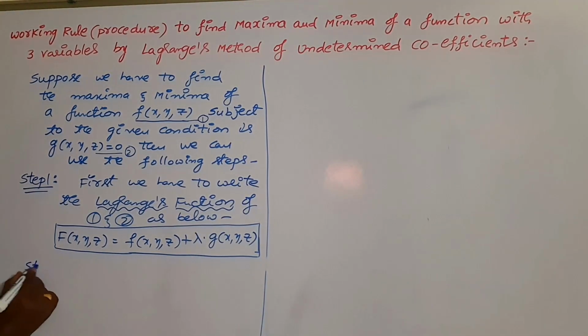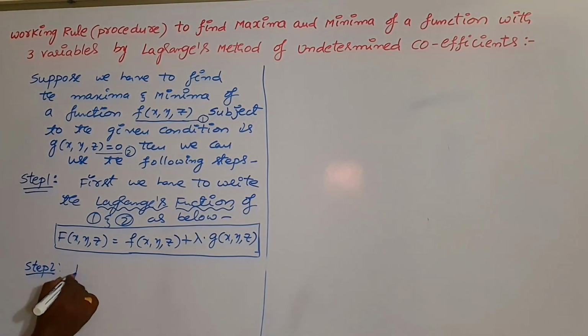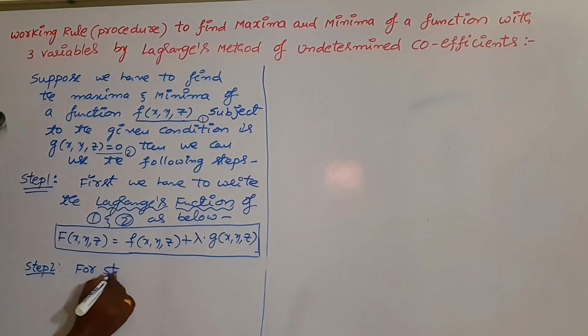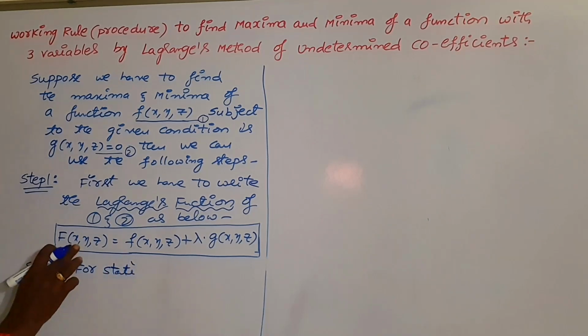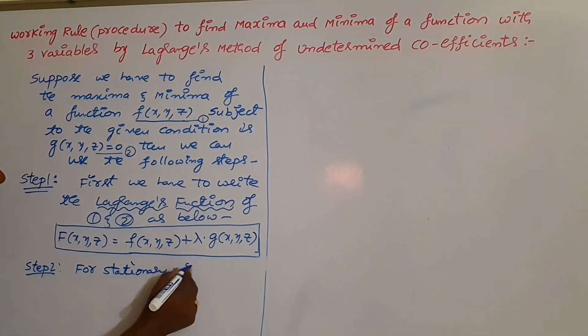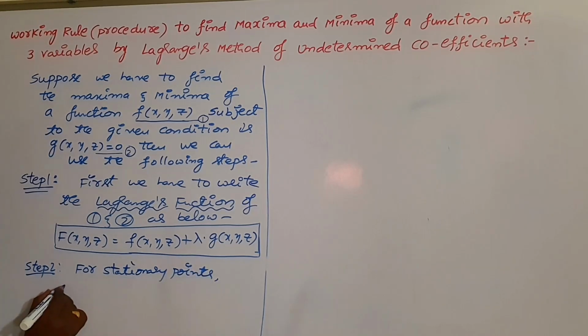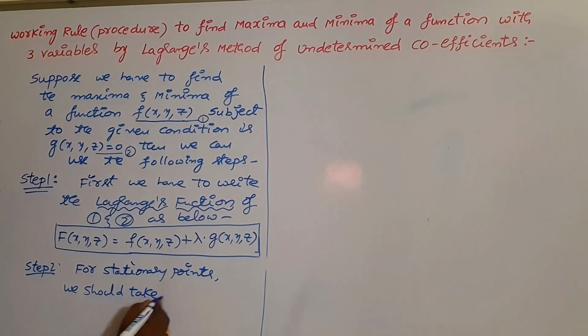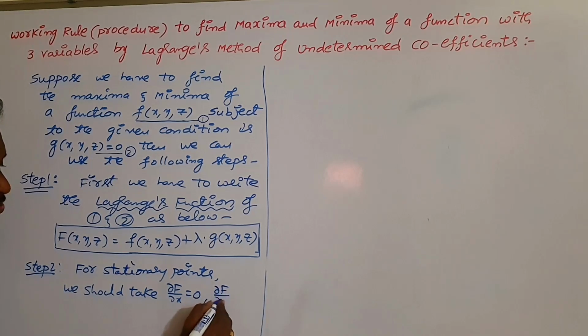Step 2. So for stationary points, otherwise for maxima and minima, we should equate first order partial derivatives to 0 of this Lagrange's function capital F. For stationary points, we should take dou F by dou x is equal to 0, nothing but partial differentiation of F with respect to x is 0, dou F by dou y is equal to 0.